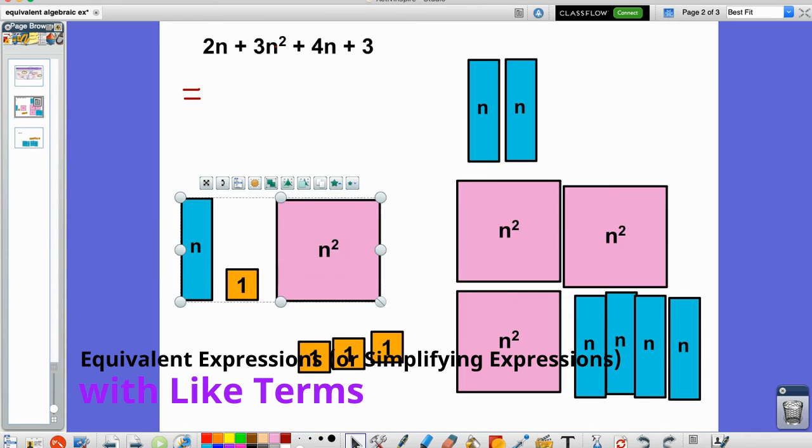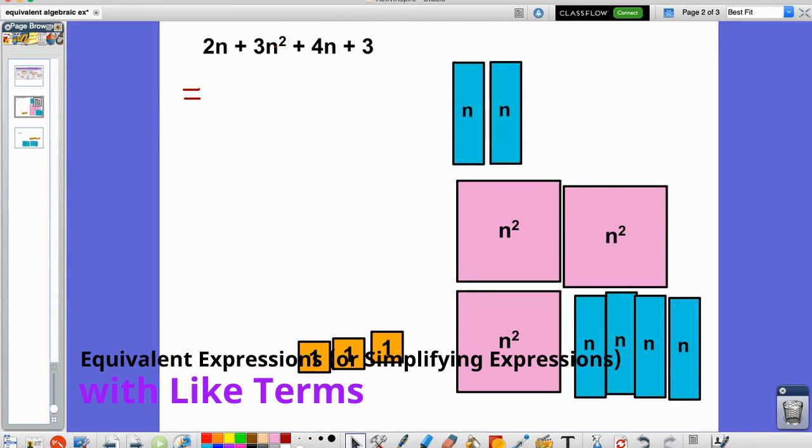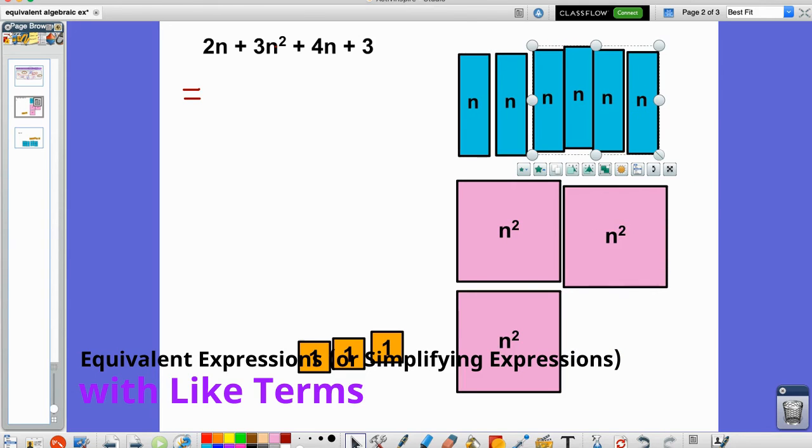Now, here's the thing. We just talked about combining like terms, putting together terms that have the same variable and the same power. For example, I could take these 2 n's and combine them with these 4 n's and put them together. How many n's do I have?